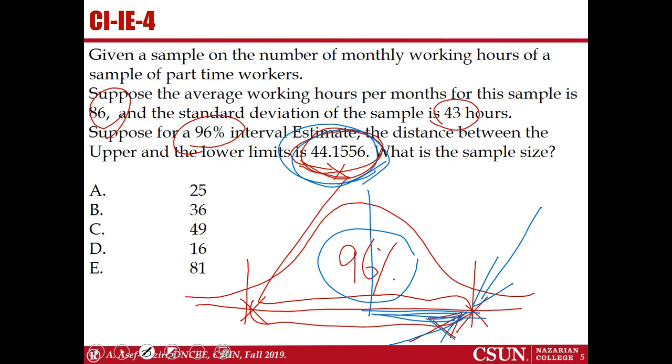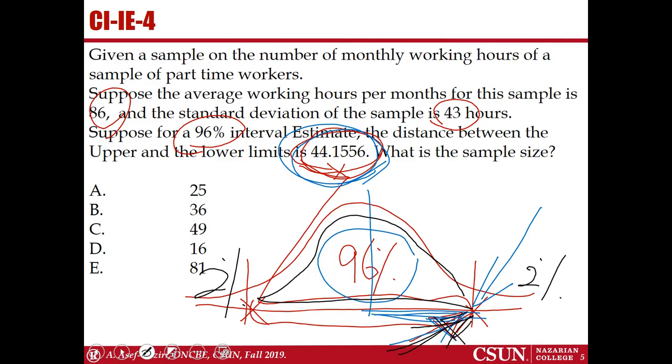If this area is 96%, then 1 minus 96% is 4%. Therefore, I have 2% here, and I have 2% here. So all the way from this point to negative infinity, I have 96 and 2, which is 98.